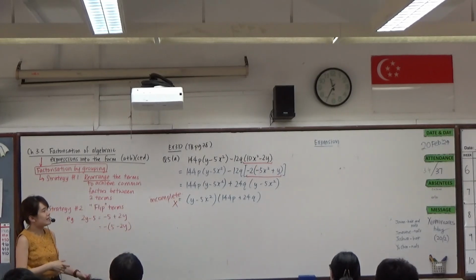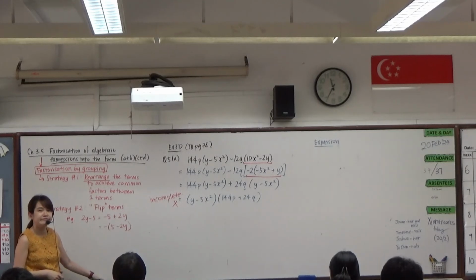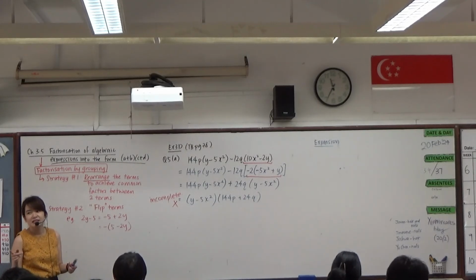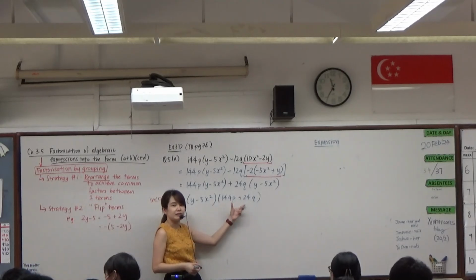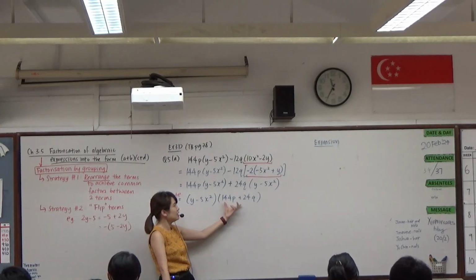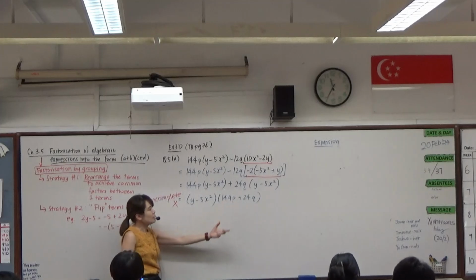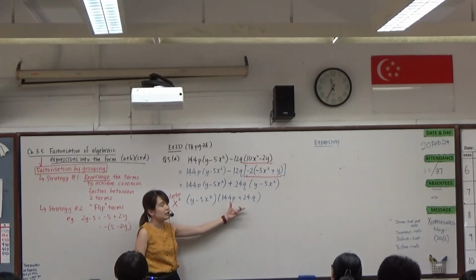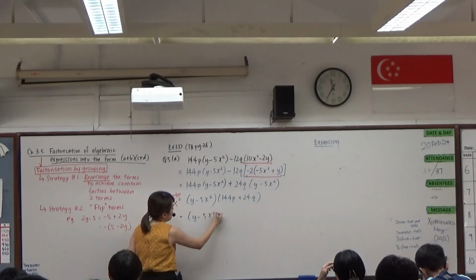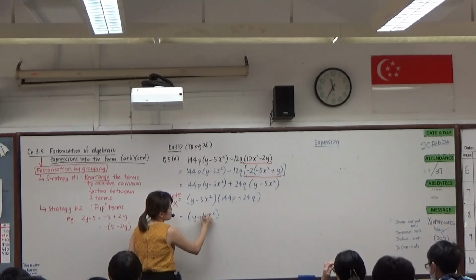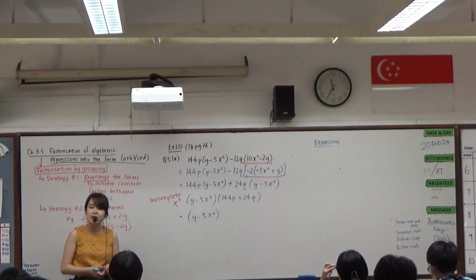Can someone tell me why it is incomplete factorization? Because you can factorize 144p plus 24q. Because there's still a common factor inside here. Pay attention. There is still a common factor of 24, not just 12. 144 can be divided by 24.